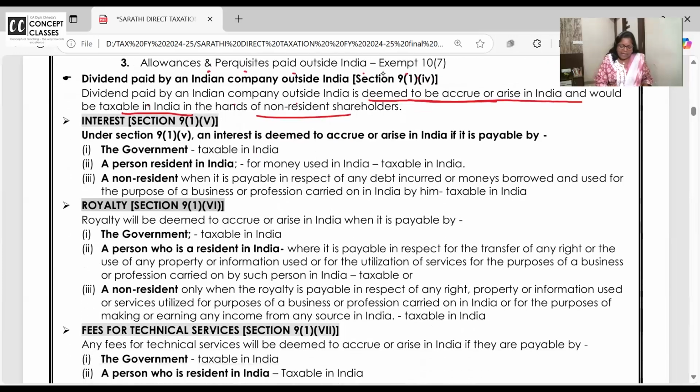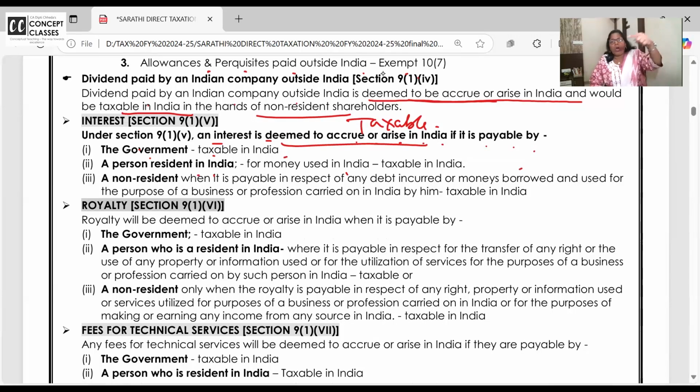Now, interest is deemed to accrue or arise in India. Underline deemed to accrue or arise in India, taxable in India. If it is paid by government, if government is paying interest, taxable. If it is paid by a resident for money used in India, taxable.